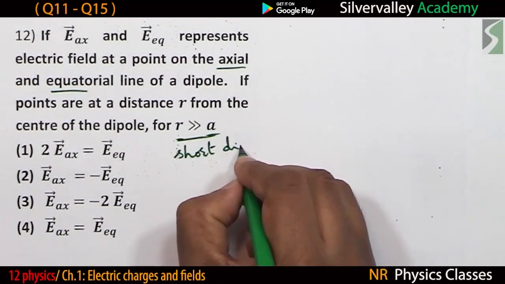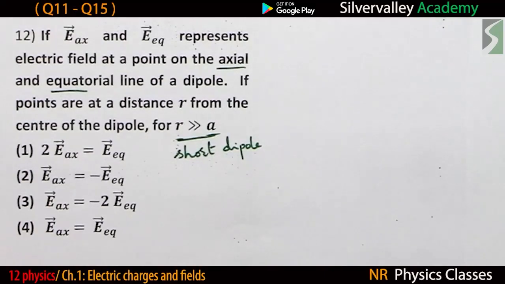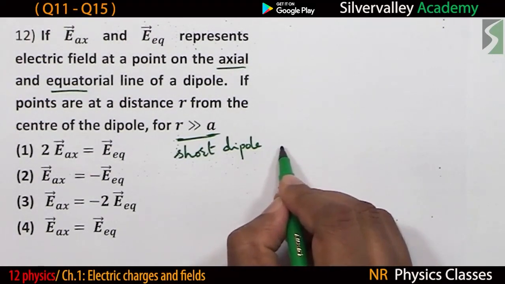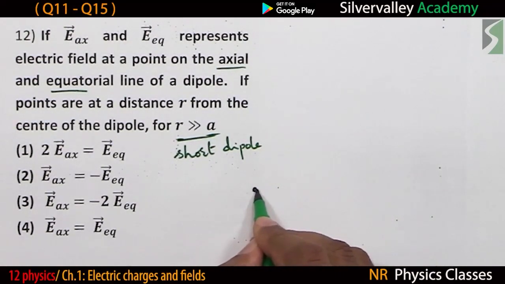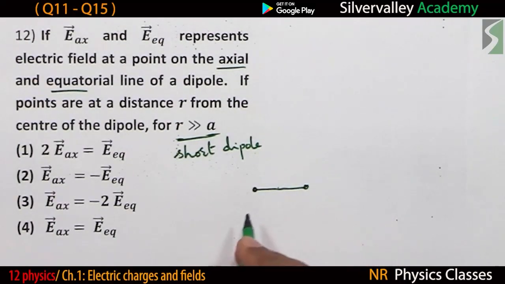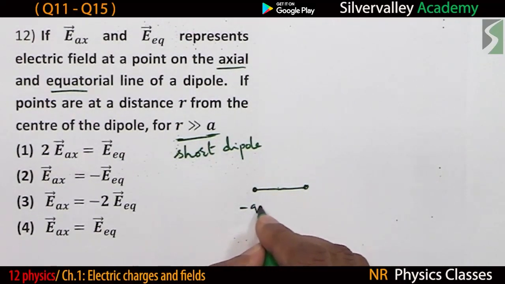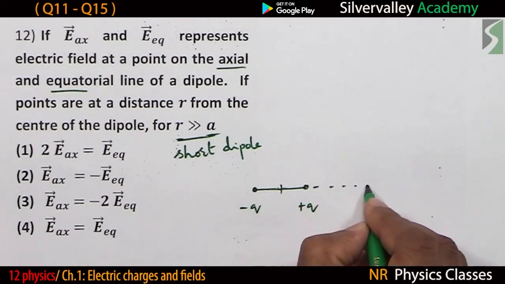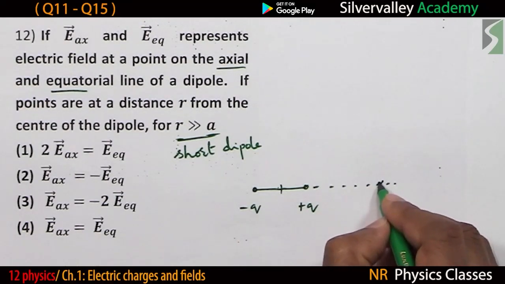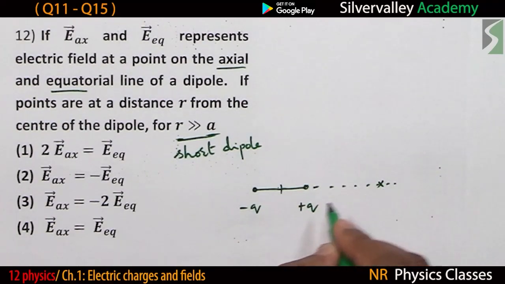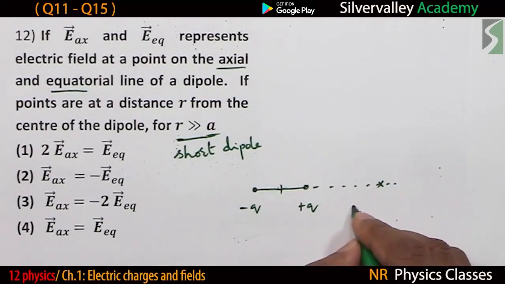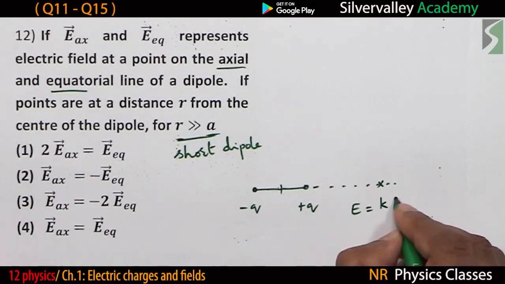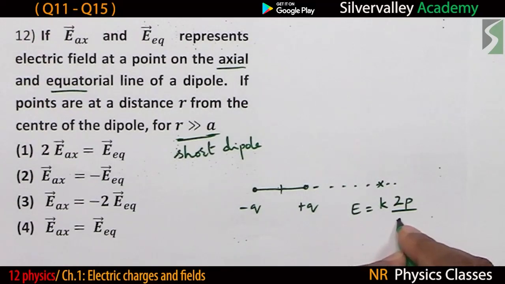Now, if this is a dipole with minus q and plus q, and the center of the dipole, the electric field at a point on the axial line for a short dipole is constant 2p by r cube.